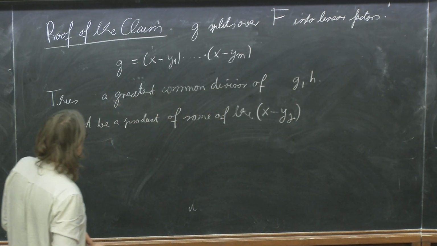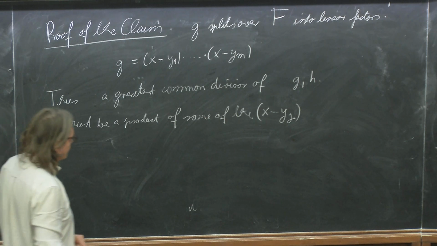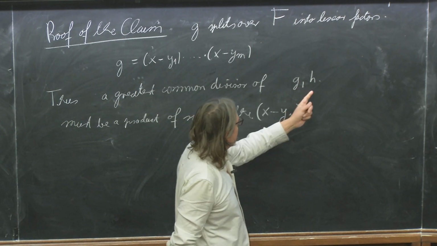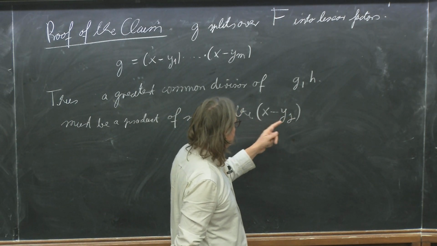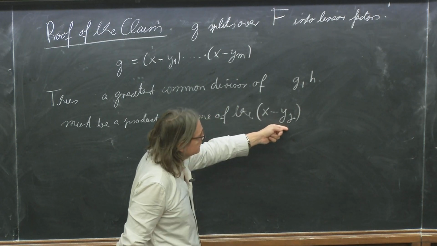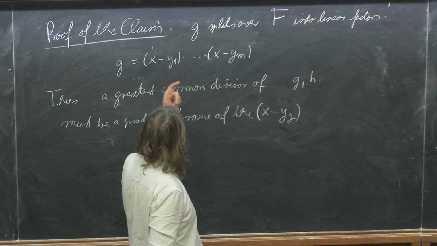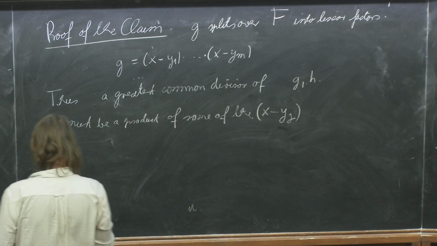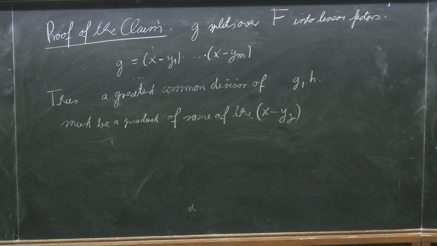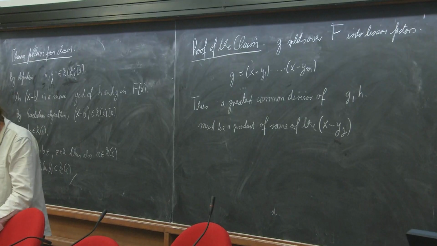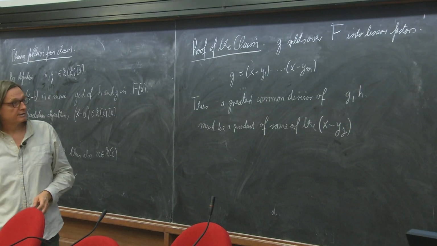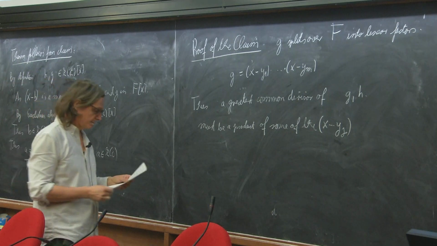And now what one wants to claim obviously is that h is not divisible by x minus yj for any j different from 1. So when yj is not equal to b, then it does not divide it. And this is basically by our definition. Unfortunately, I did wipe it out, but okay.